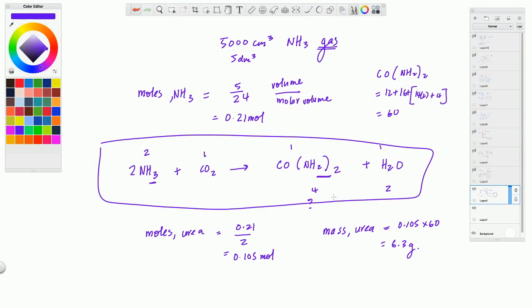And then quantitative means 2 moles of ammonia reacts with 1 mole of carbon dioxide, forms 1 mole of urea and 1 mole of water. Okay, so that's what it means. Qualitative means what it is. All right, so you write, for example, ammonia gas, carbon dioxide gas, urea solid, and then water liquid. Okay, so this is the equation already.